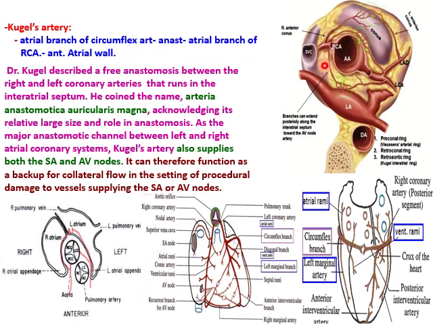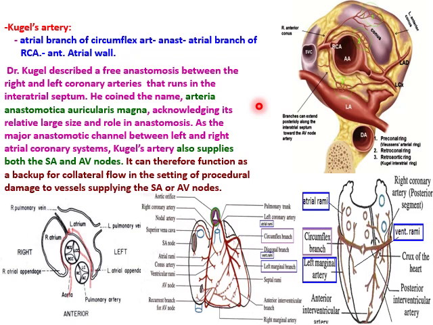So these are the major anastomotic channels that are present anatomically, and functionally they are impervious, as said. That is the reason all these coronary arteries and their branches are supposed to be end arteries.